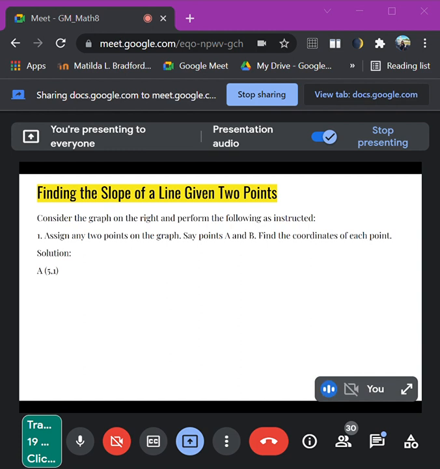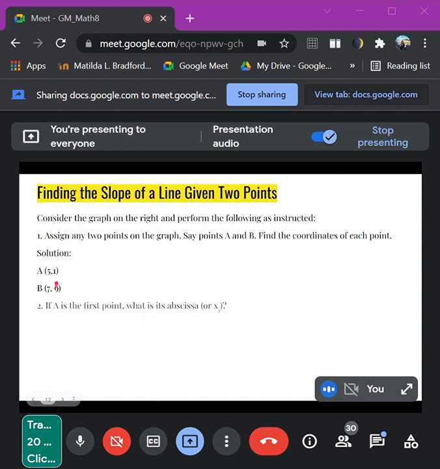That is the first coordinate. And then for the next one, for B, that is 7 and 9. So what we're going to do here, class, is if A is the first point, what is the abscissa or x sub 1? And what about the ordinate or y sub 1?